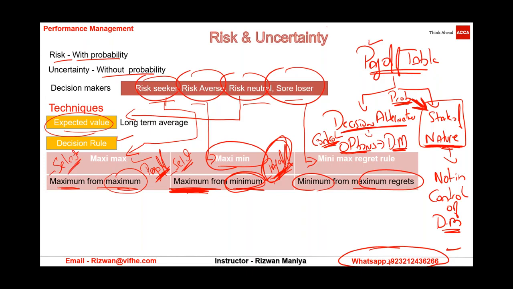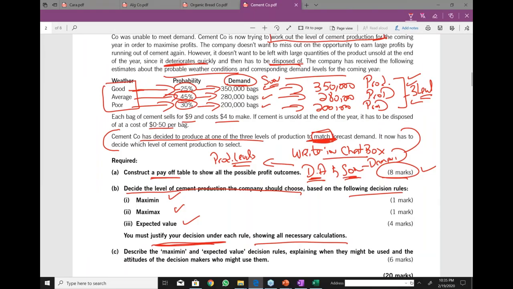So from maximum payoffs, we need to select the maximum one. Are you getting my point, friends? I hope you are. So the maximum payoffs are what, guys?